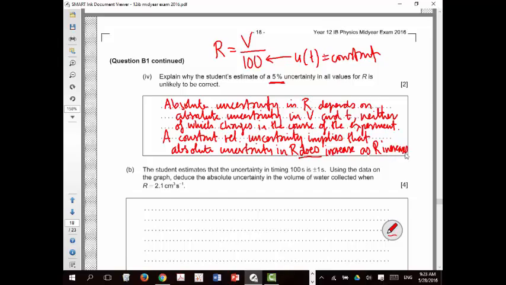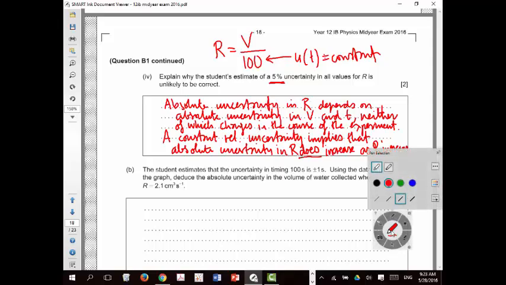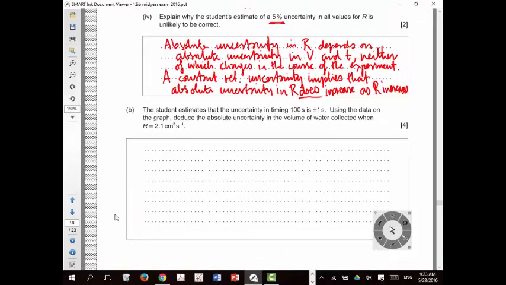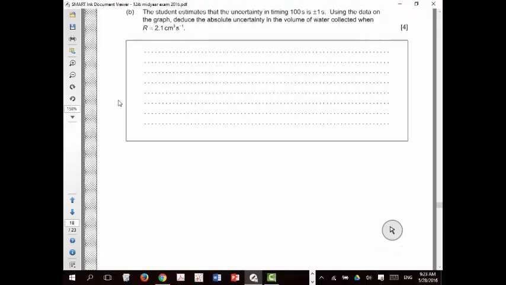Because 5% of a bigger R would correspond to a bigger absolute uncertainty, and that clearly isn't happening by the method that the experimenter is making the measurements. Right, so that's kind of a tricky question, and it really requires a good understanding of how relative uncertainties and absolute uncertainties relate to one another.